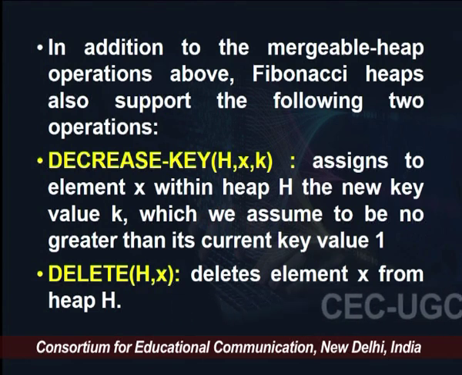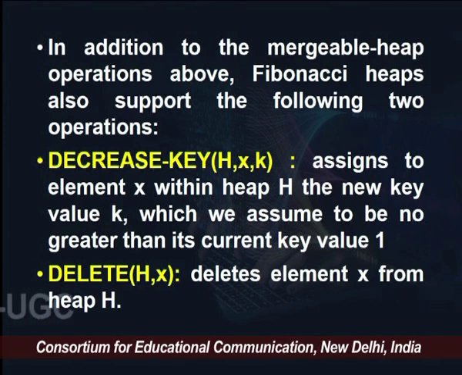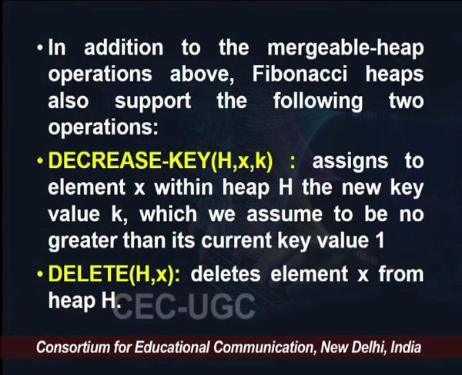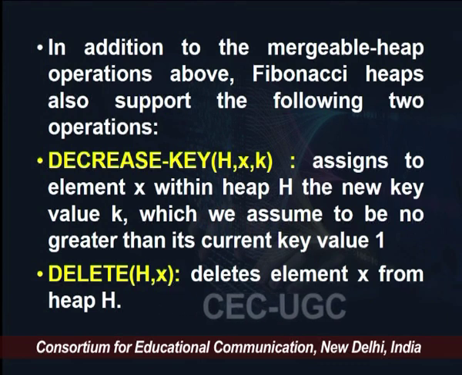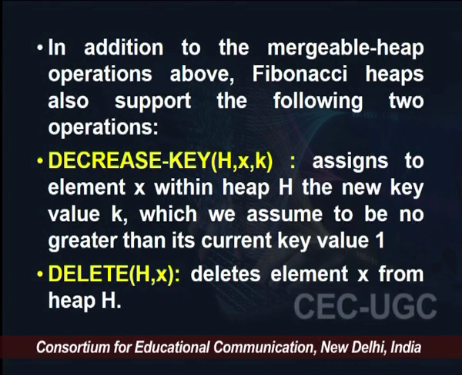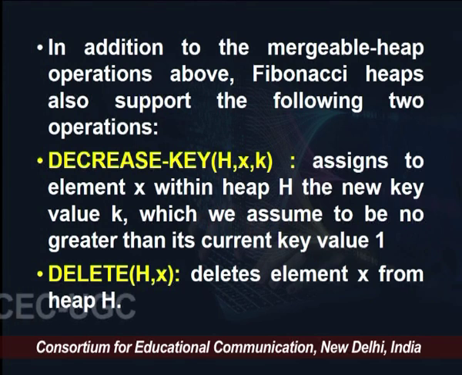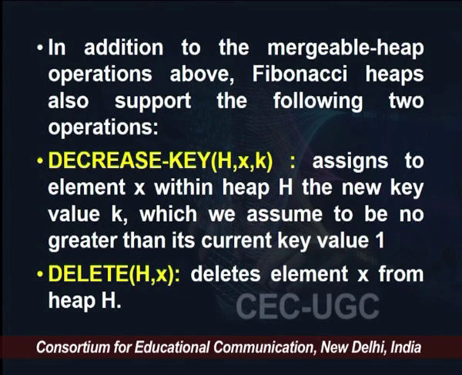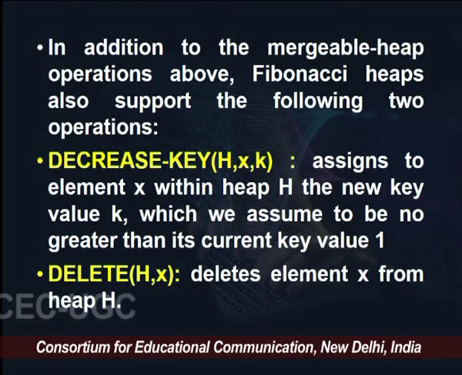So, element x will be given a new key k, and this k is assumed to be no greater than its current key value. Because we are talking about the decrease key operation, k should be less than whatever value element x presently has.